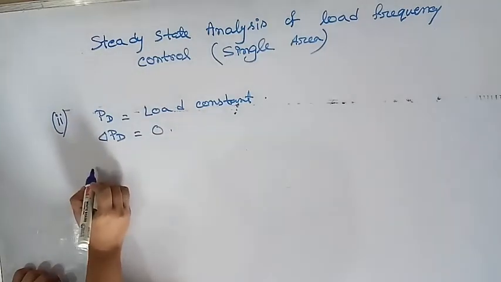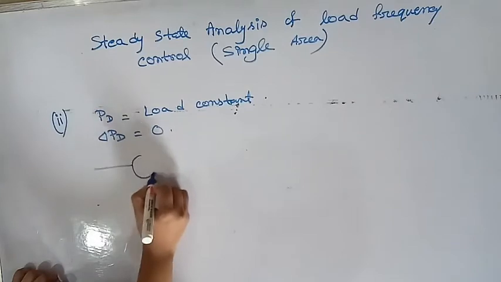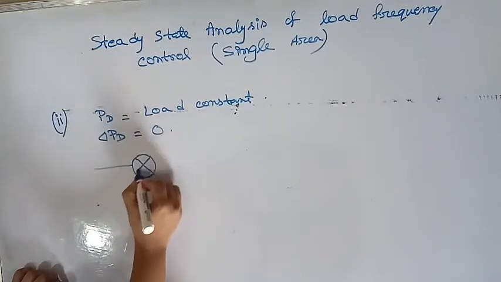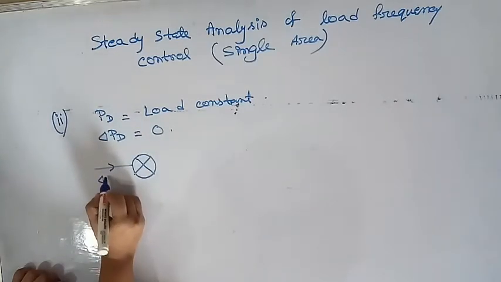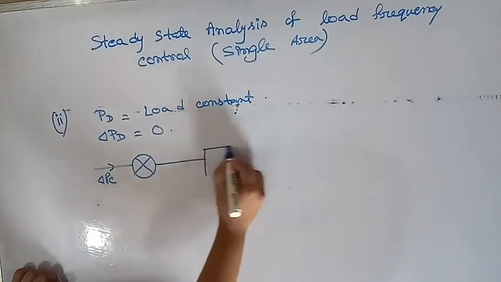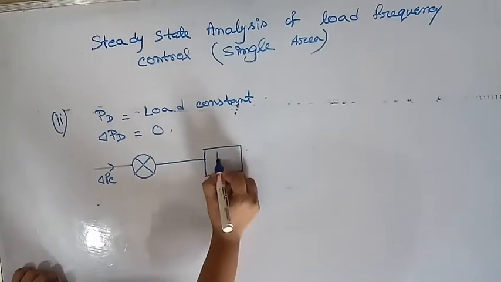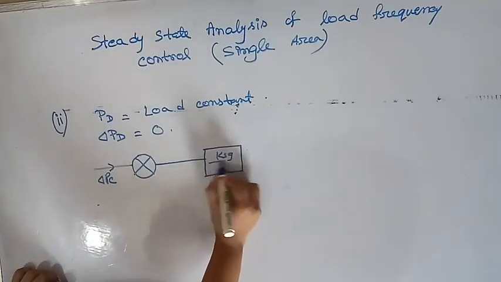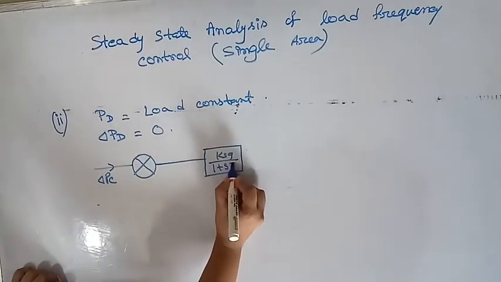Now, I draw the complete block diagram. This is delta PC. Then the governor block, KSG by 1 plus S TSG.